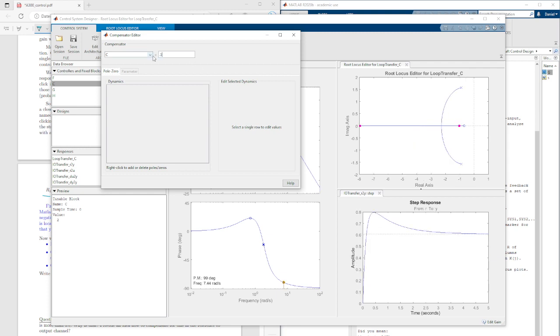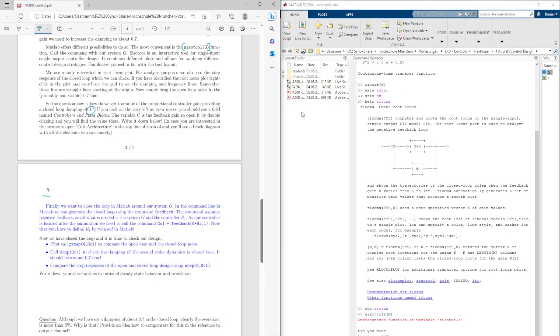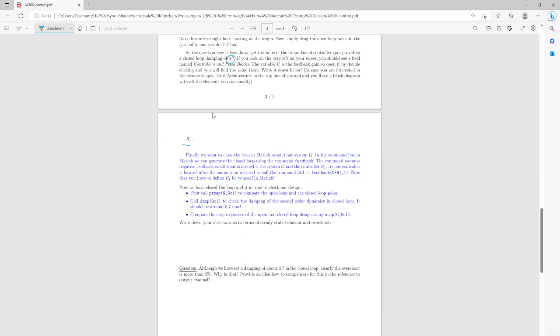But we said 0.3 is fine because it gives us a damping of 0.7. Okay, so we can hop back and answer that question. We need a controller value of 0.3 to give us a damping of 0.7.